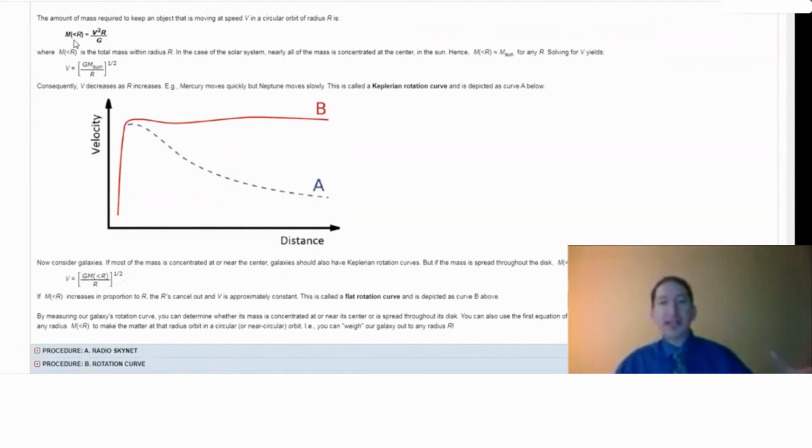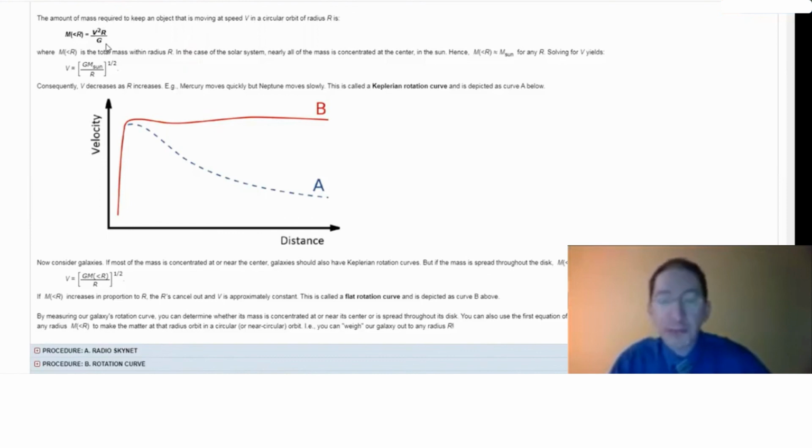The mass interior to your orbit, and that's what it depends on. Any mass exterior to your orbit, all those gravitational forces cancel out. So the mass interior to your orbit is equal to the velocity that you're orbiting squared times your distance from the center divided by Newton's constant.